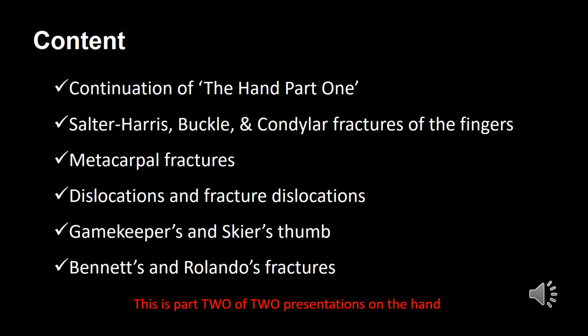And then finally we'll just have a look back at the normal features of nutrient foramen to make sure that you don't confuse those with fractures, and wrap up the whole thing with an overview of how to search the whole image of the hand.